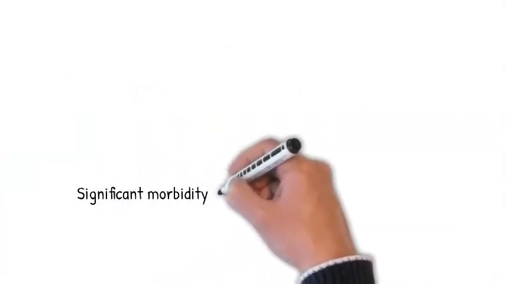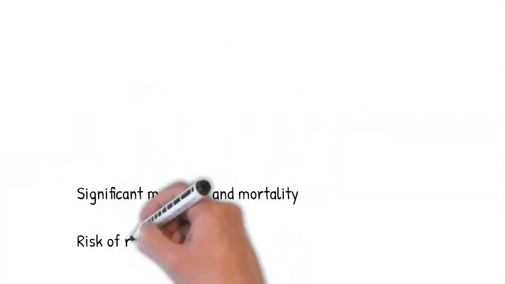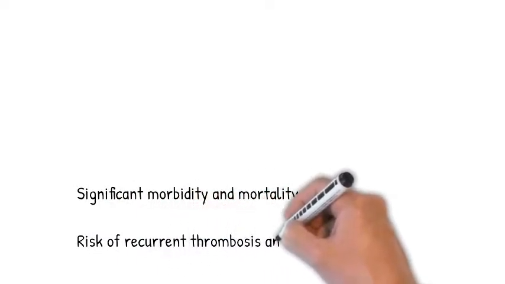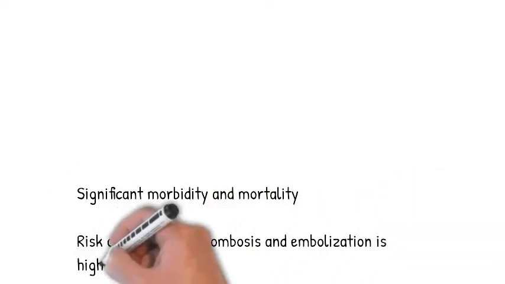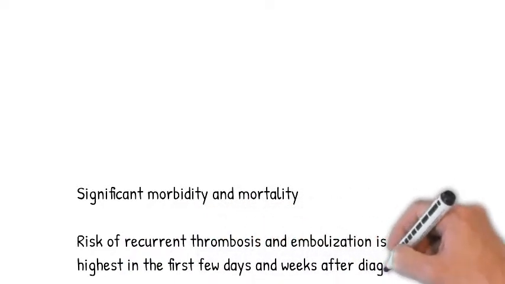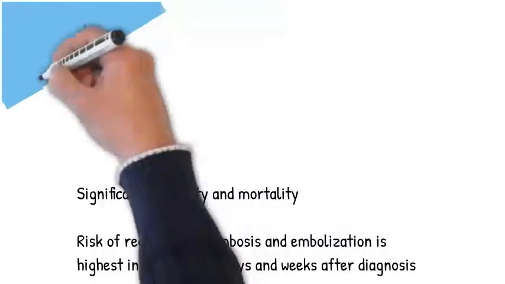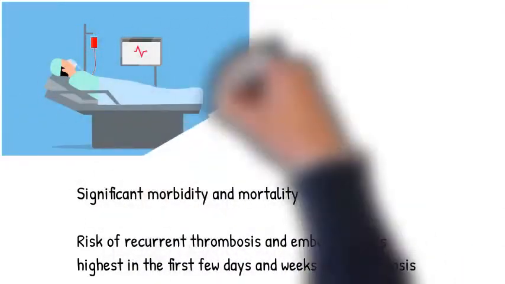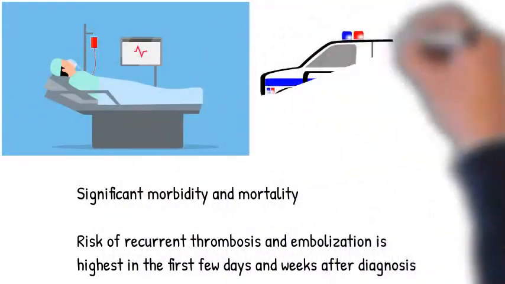These conditions have significant morbidity and mortality if not diagnosed and treated on time. And the risk of recurrent thrombosis and embolization is highest in the first few days and weeks after diagnosis, therefore, making it even more essential that these patients are treated on time and appropriately.